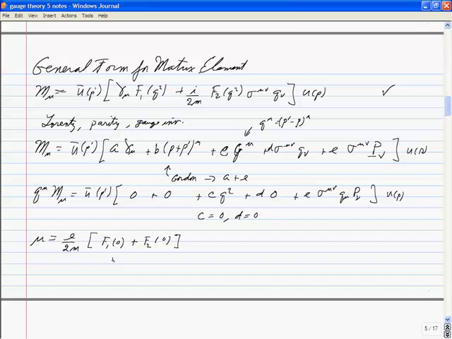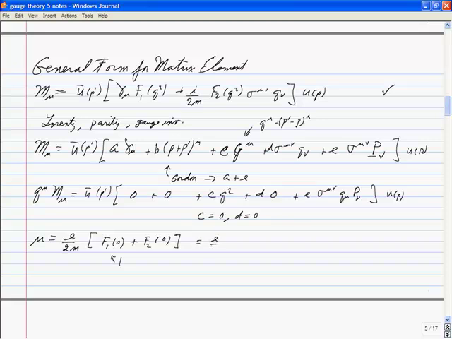But F1(0) is equal to 1 by charge, since this is the electromagnetic current, and we normalize this to have the electromagnetic current be minus e times the charge. That doesn't get renormalized, which is one of our Ward identities.